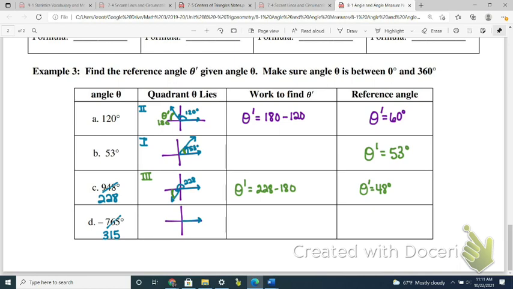Because the direction I'm drawing these does not matter because my reference angle will be exactly the same whether it's a positive or a negative angle. 315 degrees is about right here. So my reference angle is this value right here. So theta prime equals 360 minus 315, which is 45 degrees. Okay, if you have questions, please let me know.